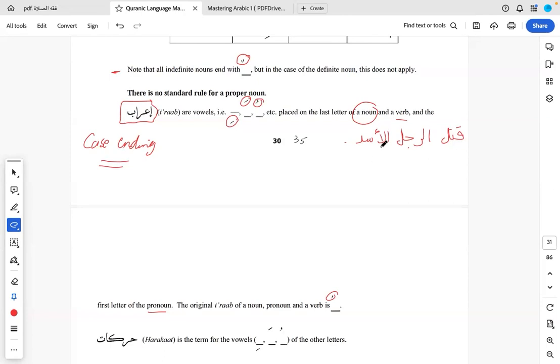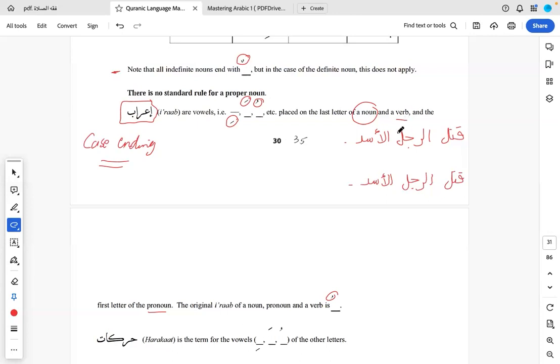But in Arabic, this should not necessarily be the situation, because let us write it again. قتل الرجل الأسد. Now in Arabic, what tells us the position or the role of every word is the haraka coming at the end of the word.